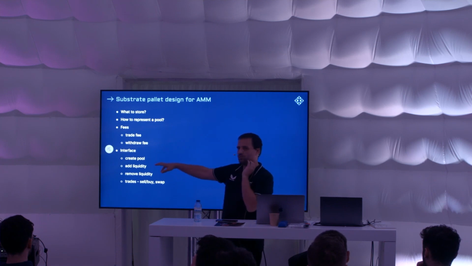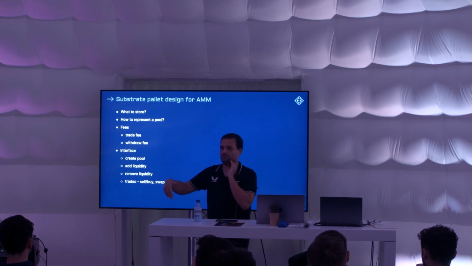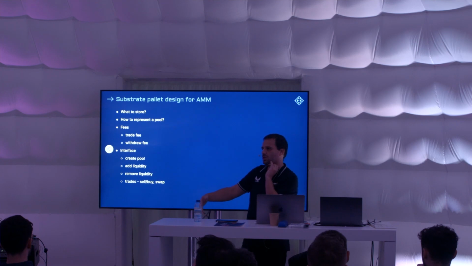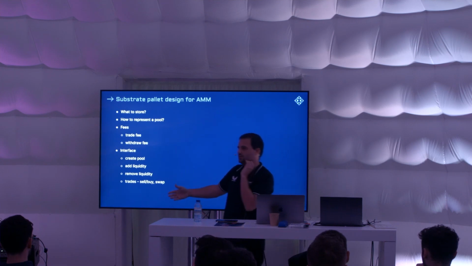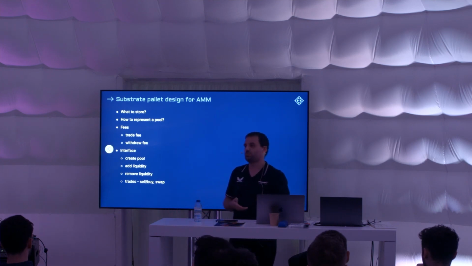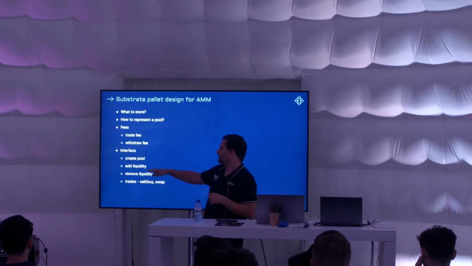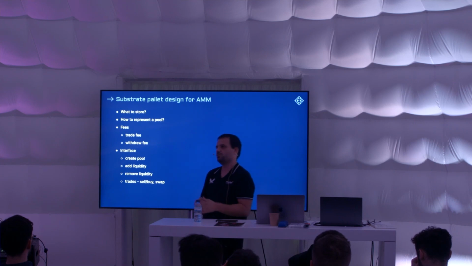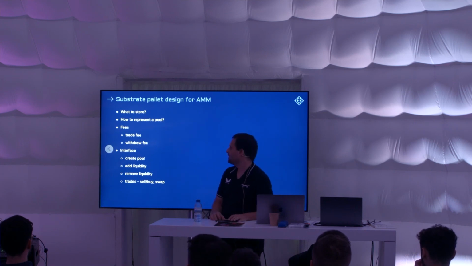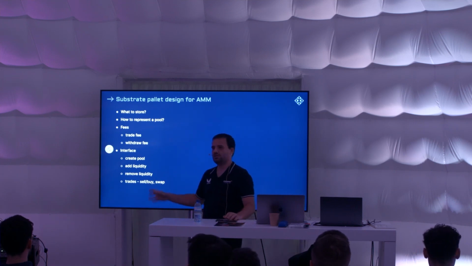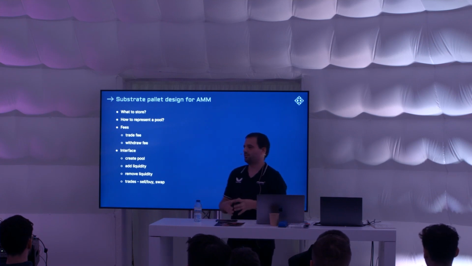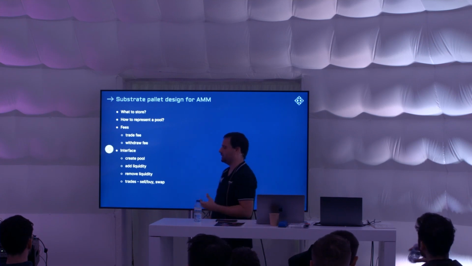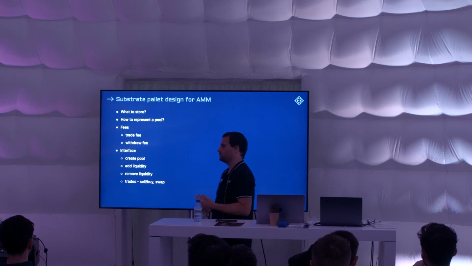For create pool, what do we need? We need a list of assets which go to the pool. We probably need some initial liquidity, maybe an initial price. For add liquidity, same, we need to determine which pool we are adding assets to. For remove liquidity, again, we need a pool. We need to know which pool it is, and how many shares the user wants to withdraw.